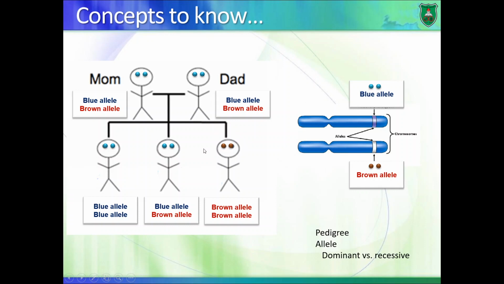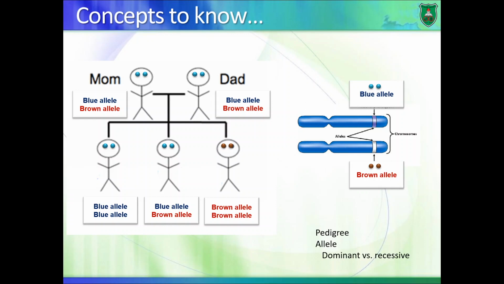Now the third child has brown eyes, and since the brown allele is recessive, متنحي, this means that this child is homozygous for the brown eye color allele, or the eye color gene.